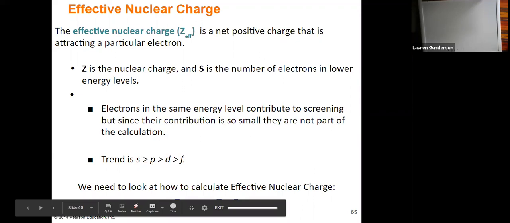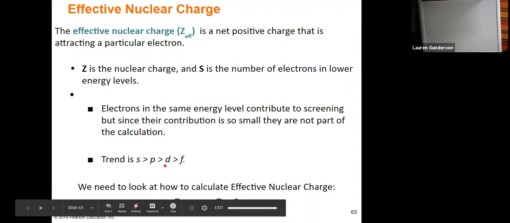So I think I might have misspoke in the sentence earlier. What we're looking at in this trend in particular is what's better at screening other electrons. Because S is a little bit closer to the nucleus, that's going to screen better than P electrons would because they're a little bit further away. D electrons are going to screen a little bit worse than P ones because they're a little bit further away, and so on and so on.